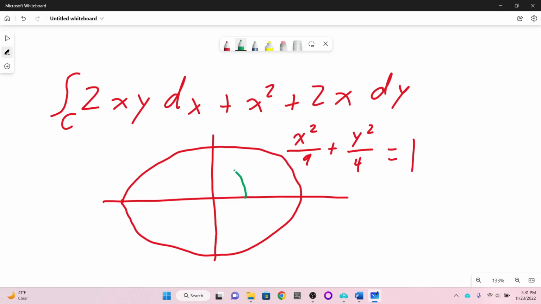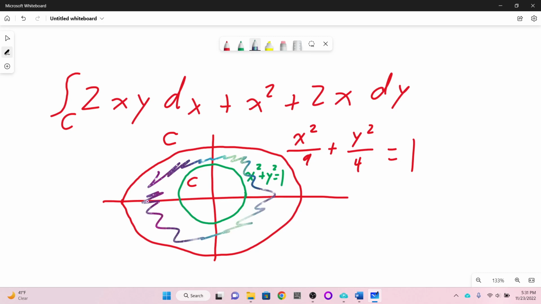And then we cut out a unit circle from this, x squared plus y squared equals 1. So C will be both of these, with the region inside being that in between.